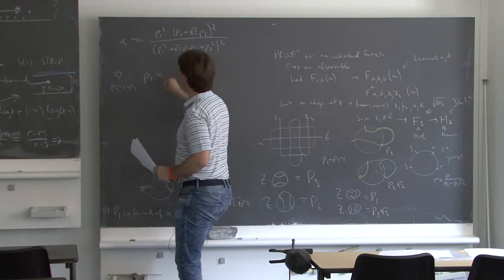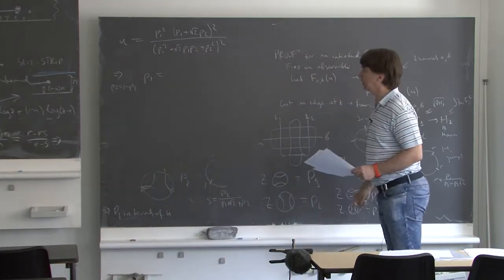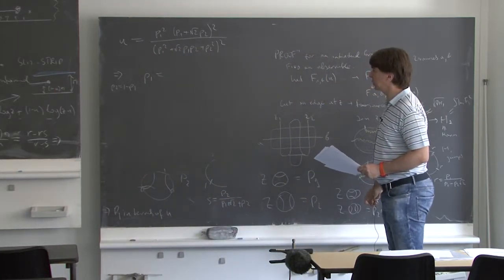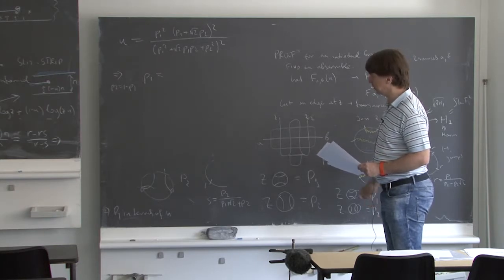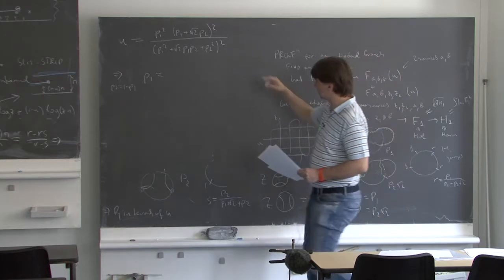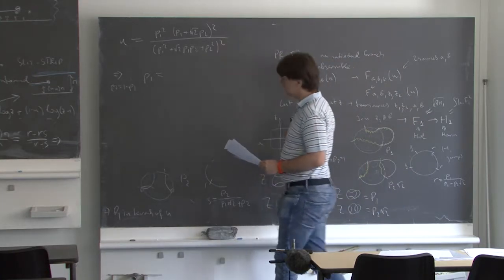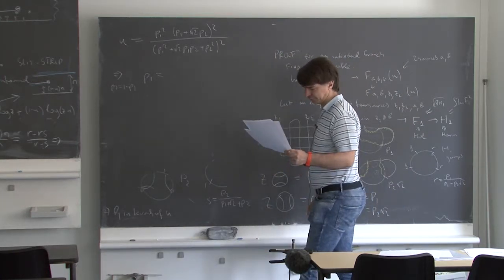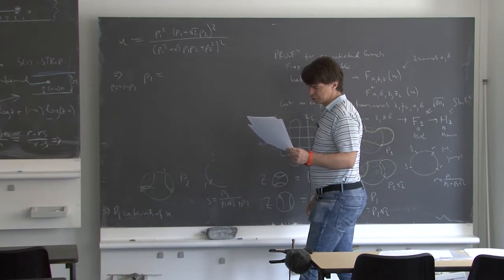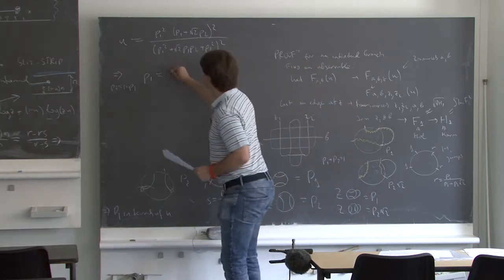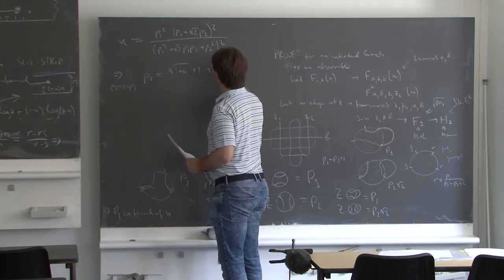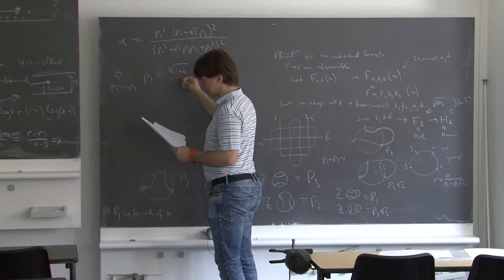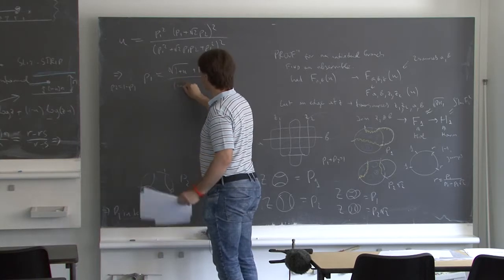So you can actually solve for p1, and it turns out that, at first glance it seems to be a degree 4 equation, but you can take a square root, so it's a quadratic equation, and the solution is not bad. It's just some number.